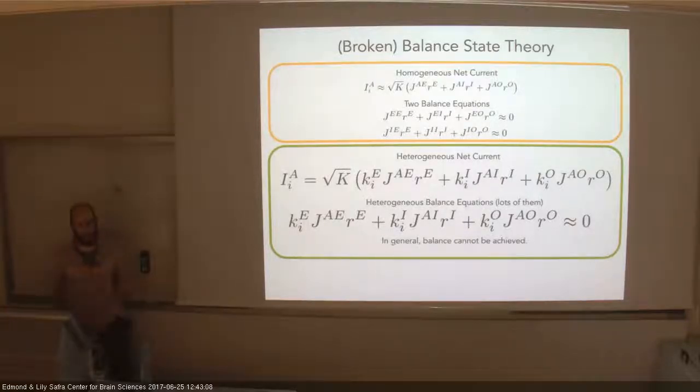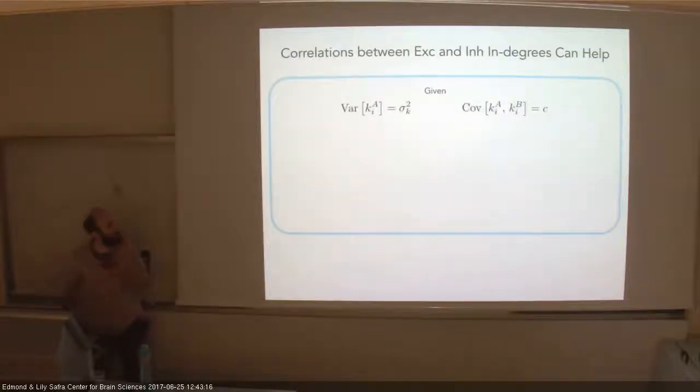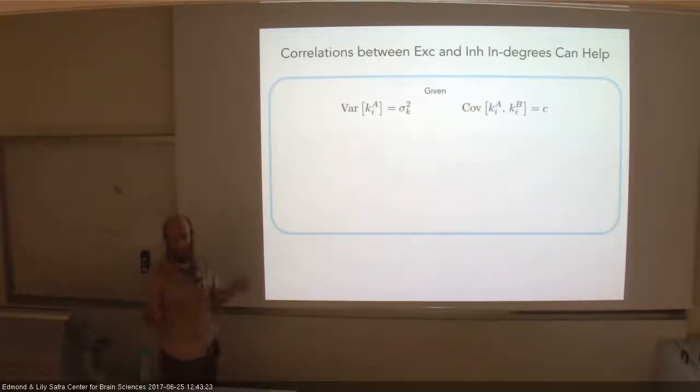To what extent can correlations recover and facilitate balance? And why don't we see the correlations, which we did observe in the data? Why isn't that enough? So we have a simple model of a network with broad indegrees and correlations.